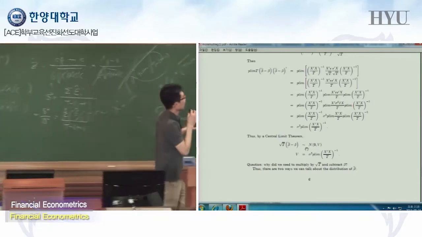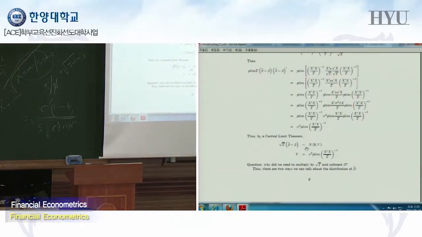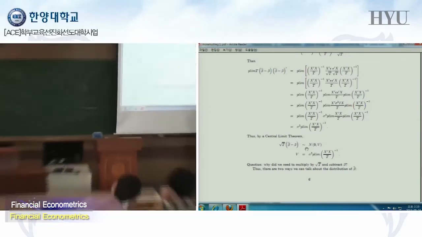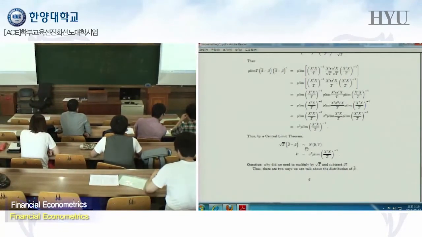Then by the central limit theorem, beta hat looks like a sample average in some sense. Beta hat is very similar to a sample average, so the sample average minus beta will converge to a normal distribution.